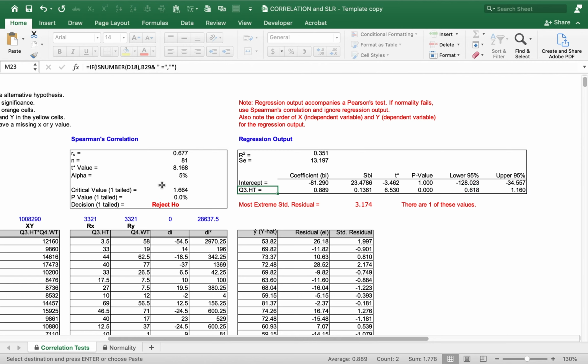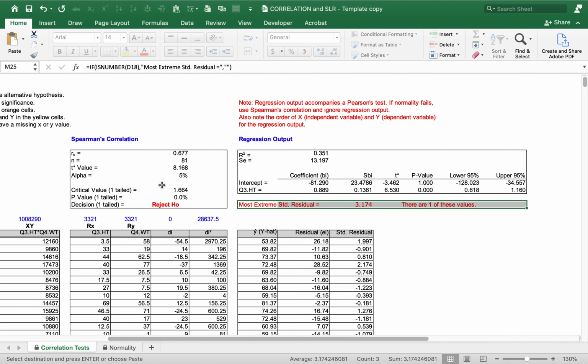We also have down here the most extreme residual, so we'll talk about that more in Unit S. But when you have a residual here which is outside of the plus or minus 2 range, it means it's an outlier, and that can be pulling the regression line in some way and affecting the results.